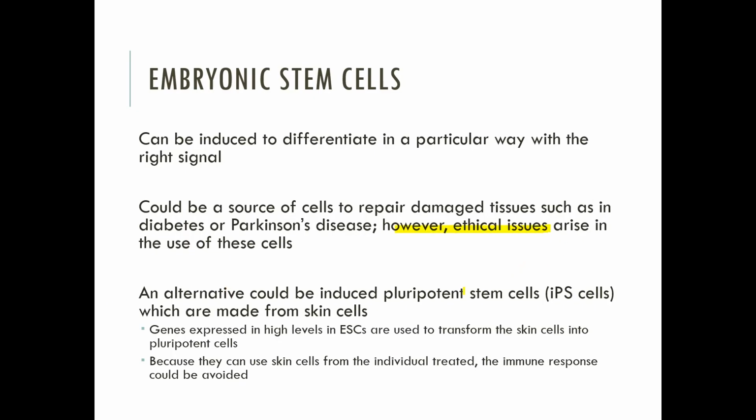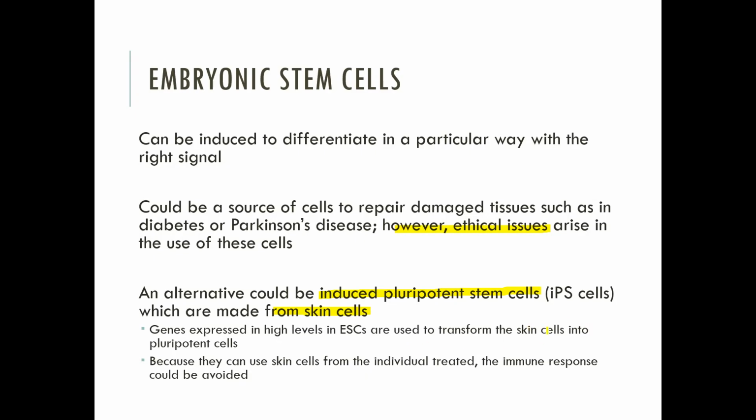Now, several years ago, there was a process that was discovered where you could take something like skin cells, which were from an adult, and you could almost literally turn back the clock, and you could cause them to become these induced pluripotent stem cells.